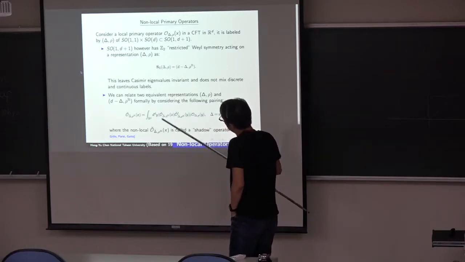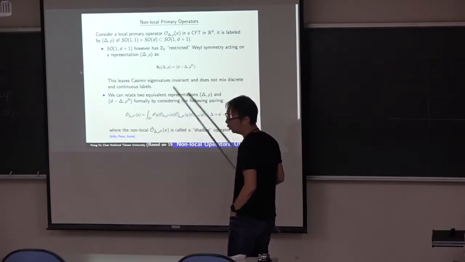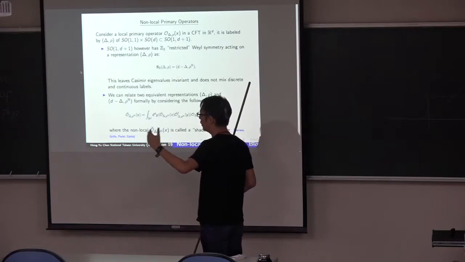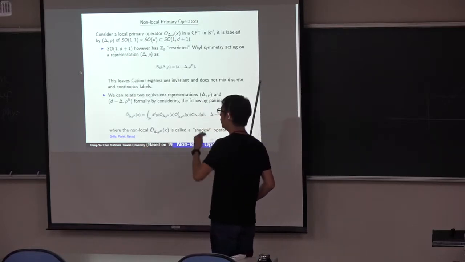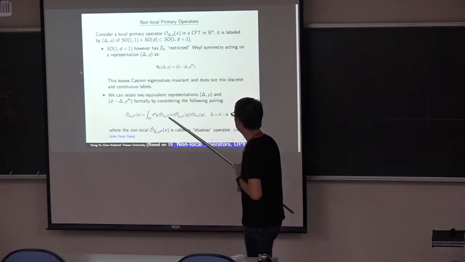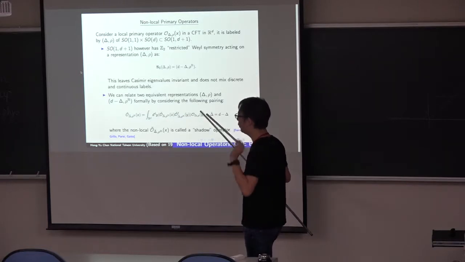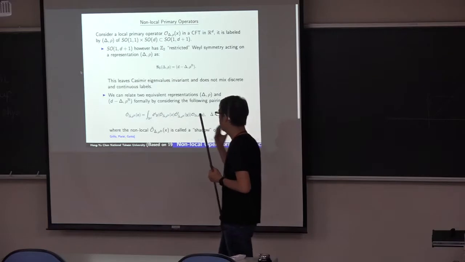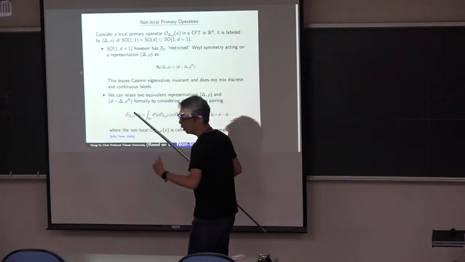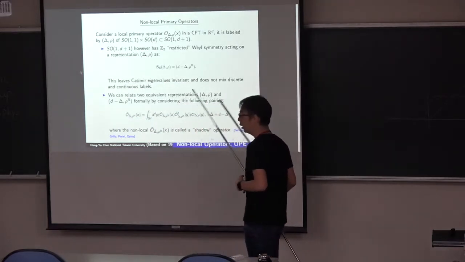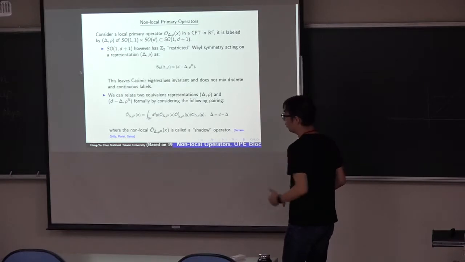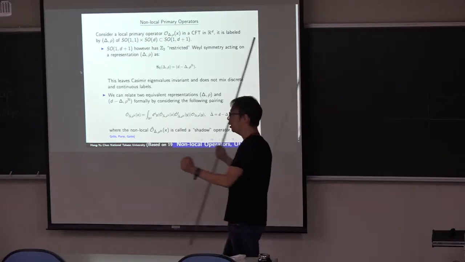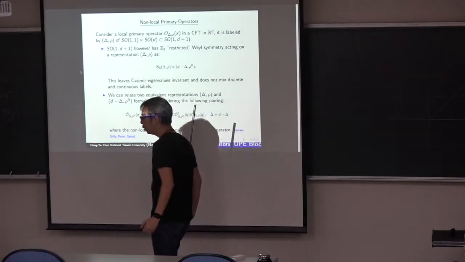You might just view this as some appropriate integration kernel, and later we're going to see why this is well motivated. But right now you can think that this kernel will allow you to generate, once you feed in a local primary operator of scaling dimension delta, another operator with scaling dimension D minus delta. So if you put them together, you actually get a conformal integral.